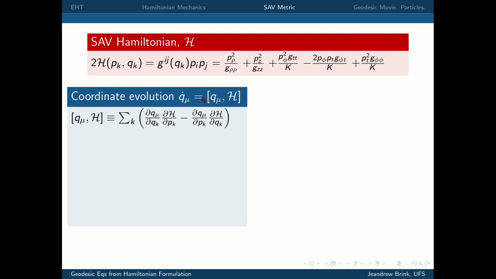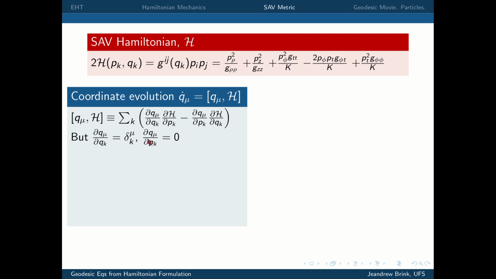So we have q dot equals the Poisson bracket of q mu with h, and we simply use the definition of our Poisson bracket. We once again have the partial of q mu with respect to qk, which is non-zero only if mu is equal to k, and the partial of q mu with respect to pk, which is 0, because the generalized coordinates and momenta are assumed to be independent for the purposes of working out the Poisson bracket.